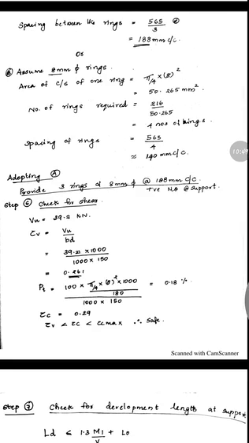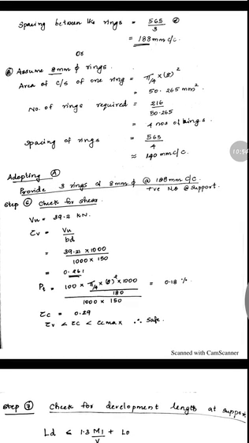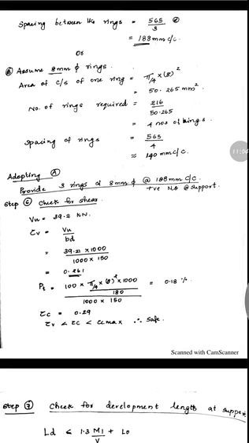This 216 is the AST provided. So AST divided by the area of cross section of one ring will give you the number of rings, the 4 number of rings. Therefore the spacing of rings will be equal to 565 divided by 4, that is equal to 140 mm center to center. In both ways you can calculate the number of rings.